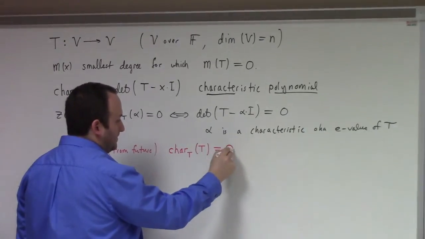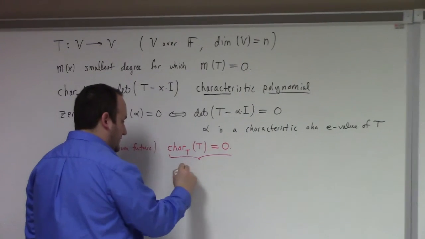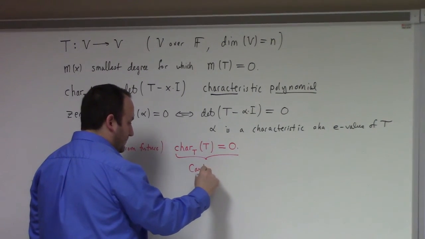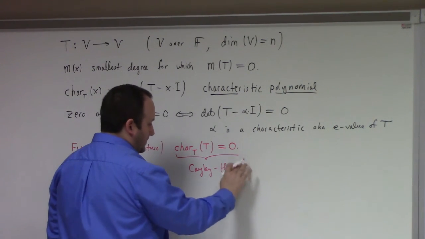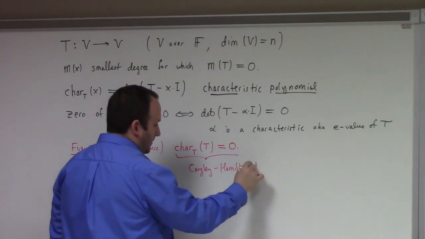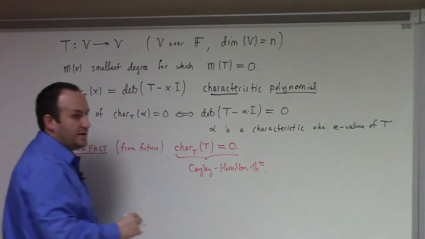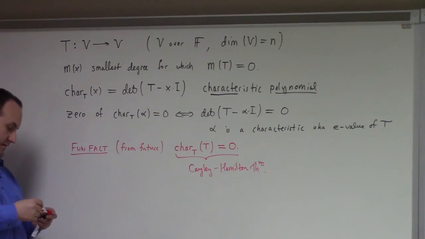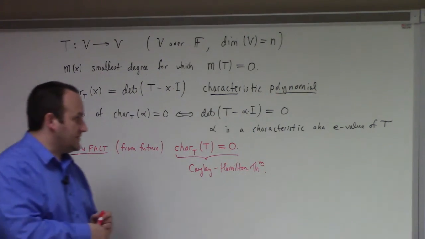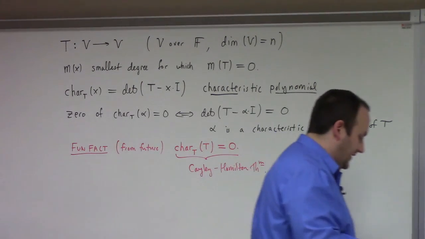You get 0. This little fact is known as the Cayley-Hamilton theorem. One of those things I'm hoping to prove in here, all right? All right, but then getting back to the story here, eigenvectors and eigenvalues, right?